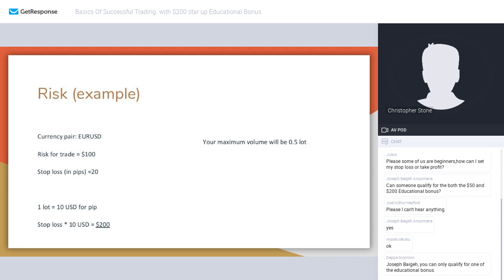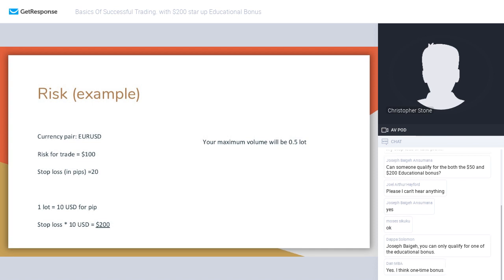If we don't want to lose more than $100, the maximum risk per trade we took, then our maximum volume will be half a lot, because half of 200 is 100.